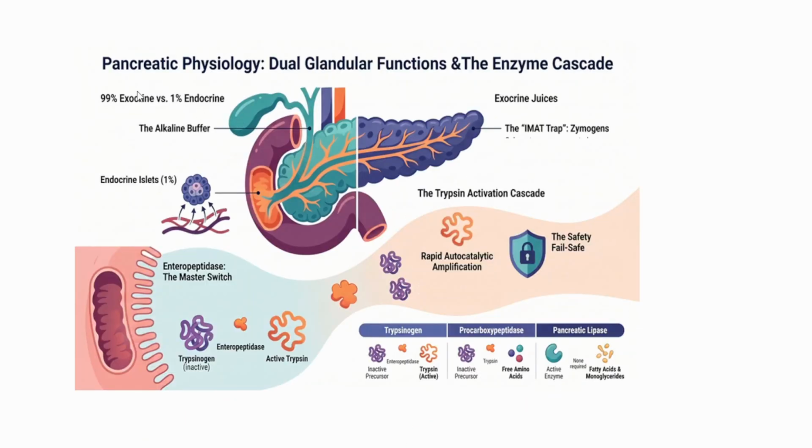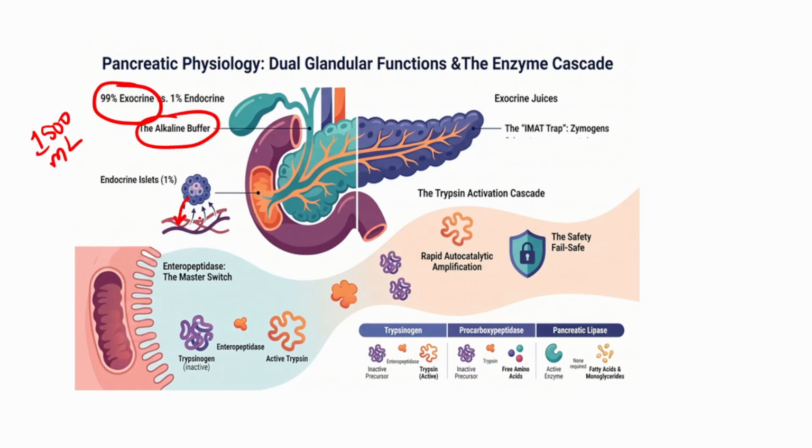As we were talking about the exocrine pancreas, within this exocrine framework, duct cells secrete 1500 ml of an alkaline buffer daily, which is rich in bicarbonate to neutralize acidic stomach chyme and create an optimal environmental pH for enzyme activity. Conversely, the endocrine islets release metabolic hormones directly into the surrounding capillaries.